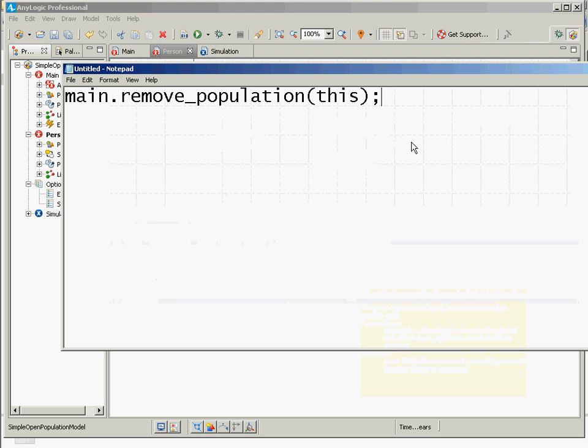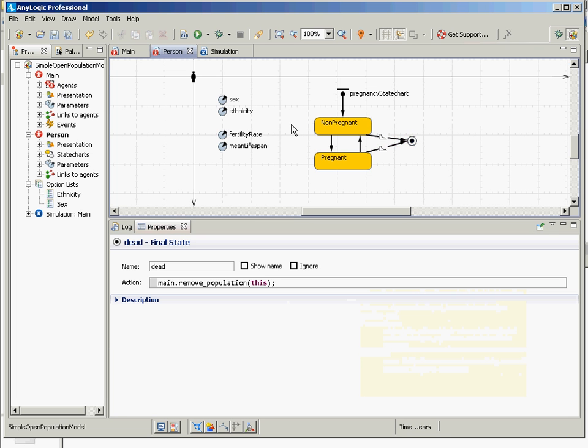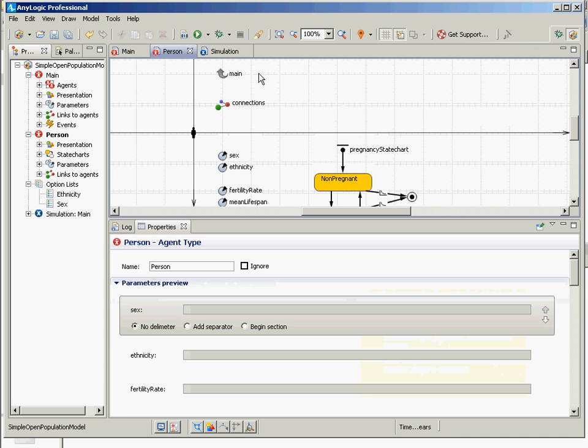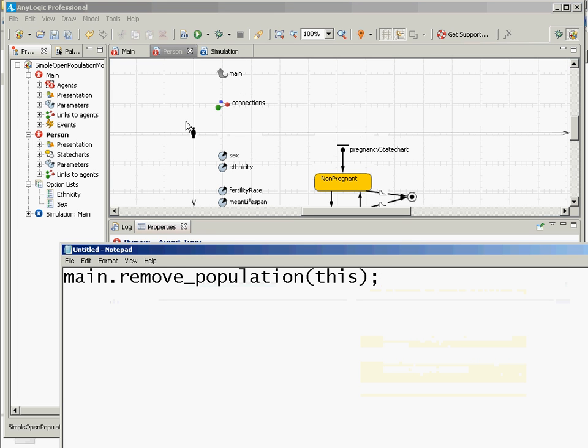Remove population. This Main, where did that come from? It's actually defined here. If you go look, it's up here. It knows how to get to Main from here. So you do main.remove population.